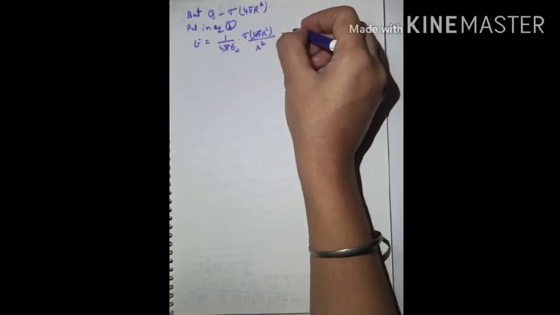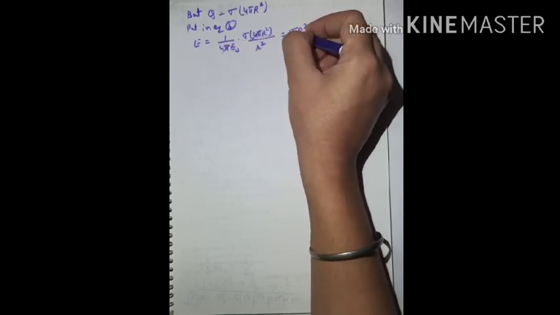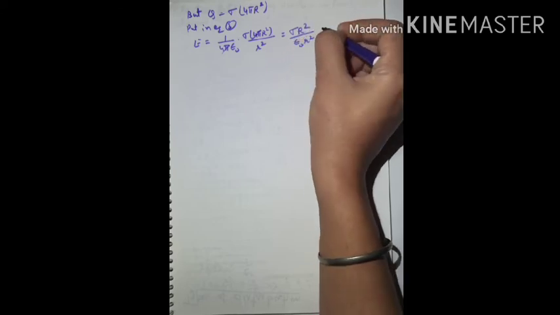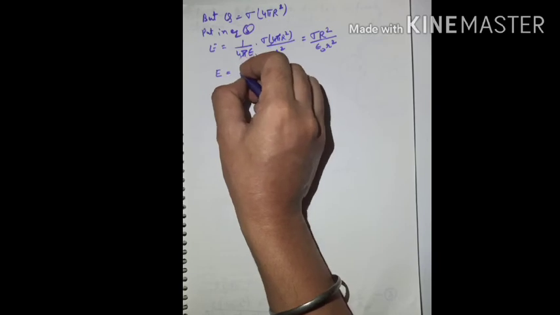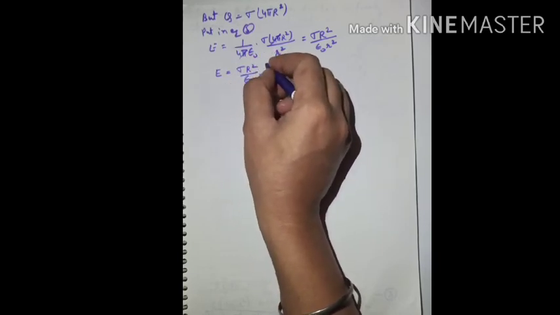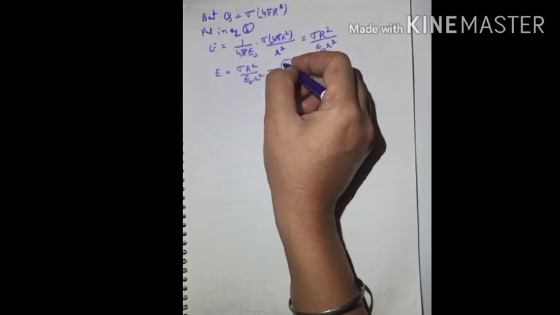We will be left with sigma capital R square over epsilon naught small r square. So E is equal to sigma R square over epsilon naught r square. This is equation number 4. So this is the electric field intensity at any point outside the shell.